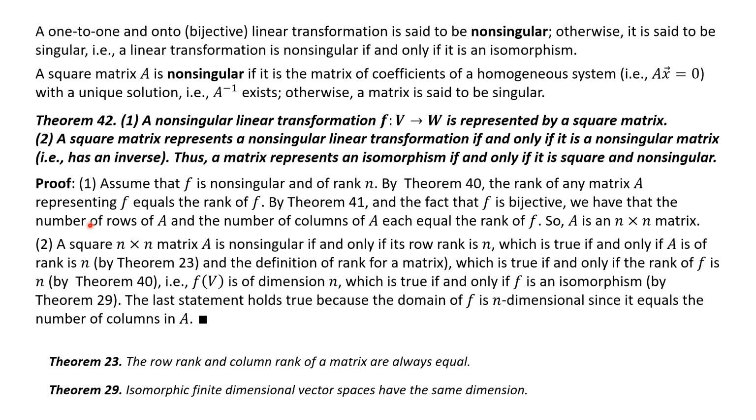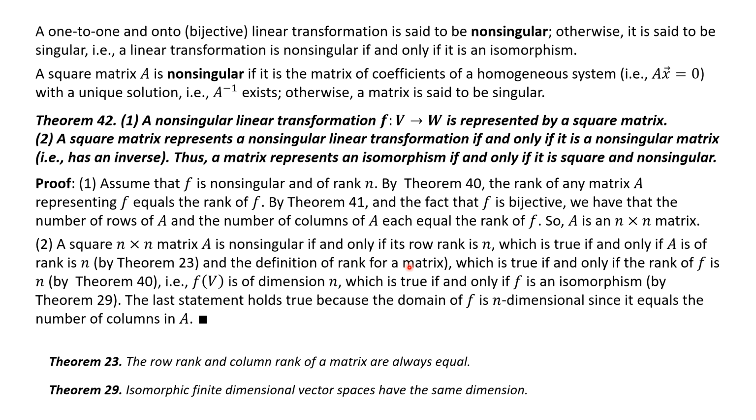For the second part of the theorem, we have the proof here. A square n by n matrix A is non-singular if and only if its row rank is n, which is true if and only if A is of rank n. It's from theorem 23, which I copied down here.